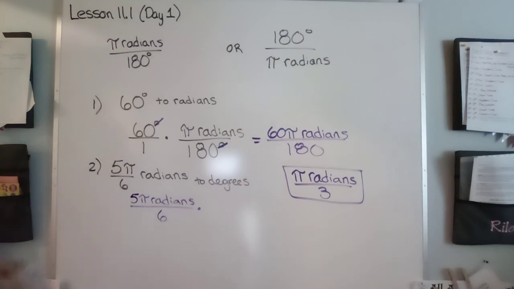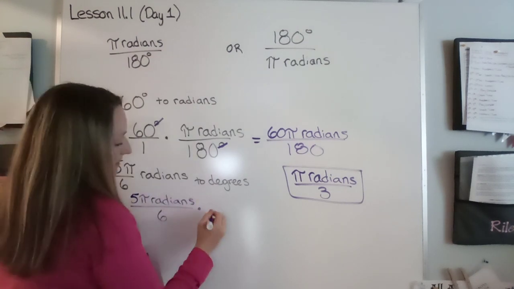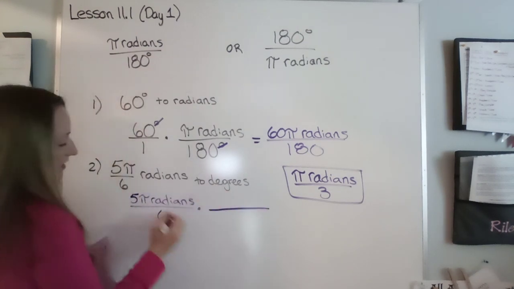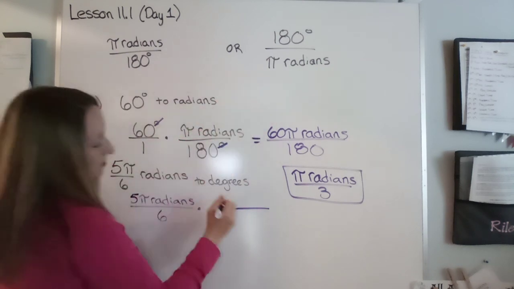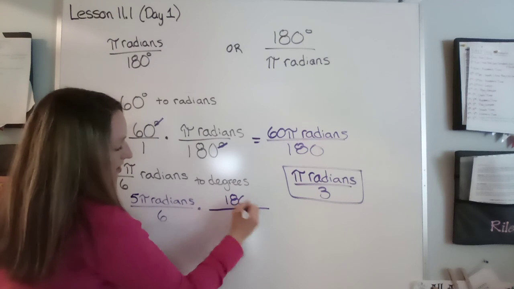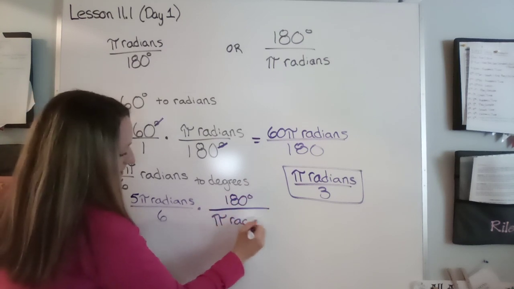Okay, and I need to multiply by one of these two conversion factors. And since I want my radians to cancel, because I'm trying to go to degrees, that means I want the radians in the denominator. So that's how I know I'm going to multiply by 180 degrees over pi radians.